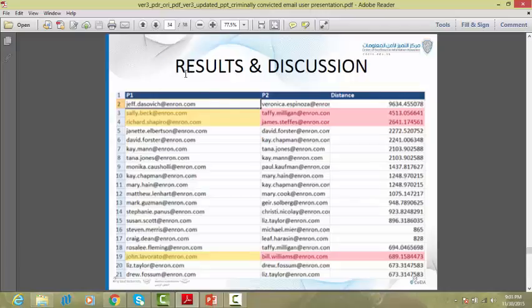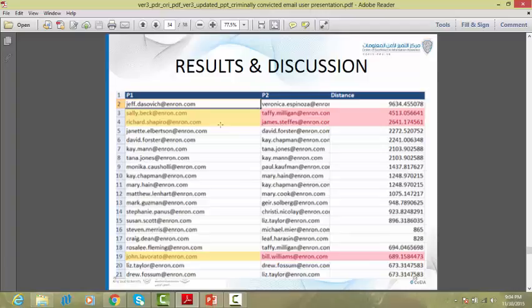Yes, so this is exactly the thing which I was talking about. We can see over here that we have the top 20 database. After applying our proposed system, we got the top 20 users. Here we have point P1 and point 2, and the distance between them is 9634.455078, and then point P1 to point 8, these are the distances.